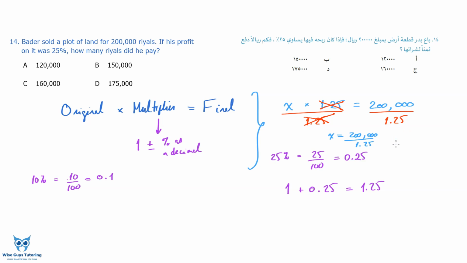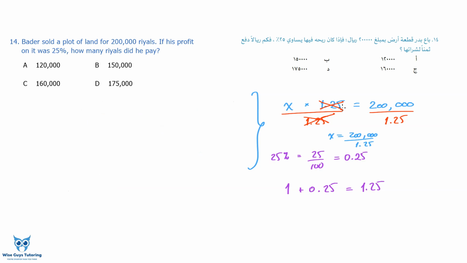And now what we have to do is carry out the division. So let me give myself a little bit of room here. Okay, there you are. So when you're dividing these decimals, let's learn a little bit about that. When you're dividing decimals, the best way to do this is to turn them into non-decimals. So this 1.25, how can I turn it into a non-decimal? I want an equivalent fraction that is not a decimal.